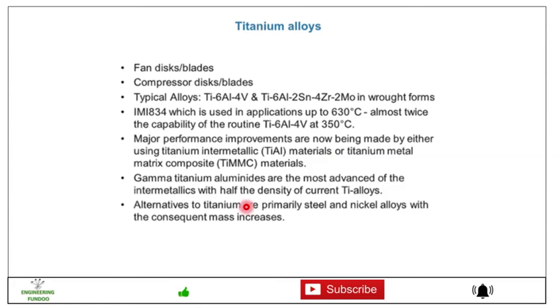Gamma titanium aluminides are the most advanced of the intermetallics, with half the density of current titanium alloy. Alternatives to titanium are steel and nickel alloys, with consequent mass increases.